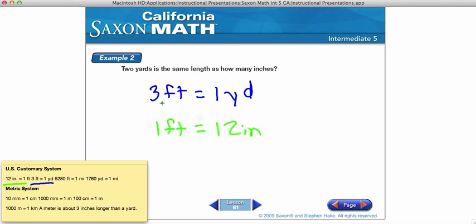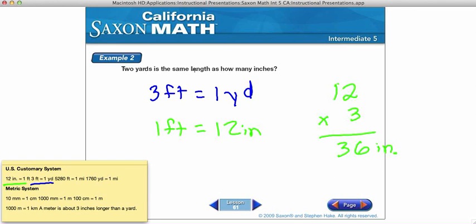So the first thing I need to do is find out how many inches are in 3 feet. I'm going to multiply 12 inches per foot times 3 feet. 3 times 2 is 6. 3 times 1 is 3. So there are 36 inches in 3 feet.